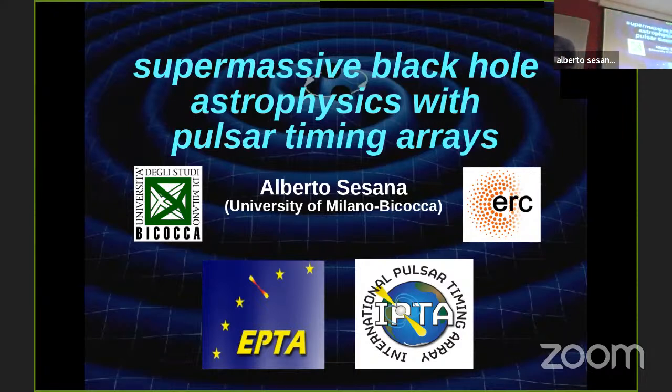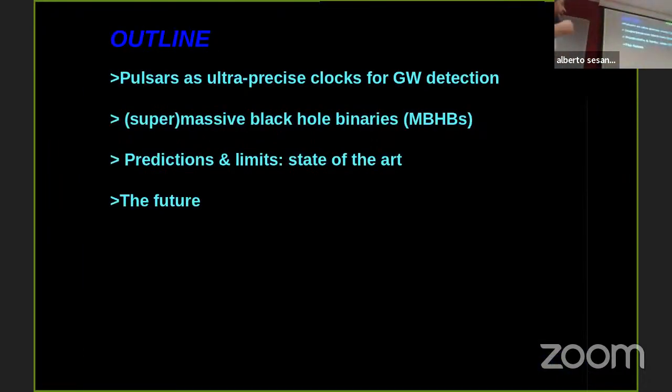Right. So in my talk today, I would like to tell you a little bit about pulsar timing arrays, which is a technique that uses pulsars as clocks to detect possibly gravitational waves. I will give you a little bit of an introduction about how we use pulsars as clocks to detect gravitational waves.